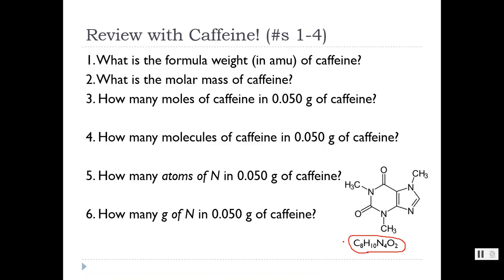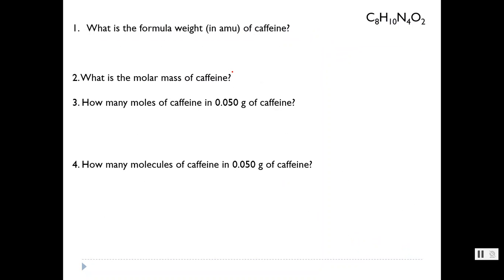So just a little review before we jump into the main meat of this video, which is problems 1 through 4 with caffeine. First, the formula weight in atomic mass units of caffeine. To find the formula weight of a molecule, you'll need your handy dandy periodic table, and you'll sum up the masses of each of the atoms in your desired molecule.